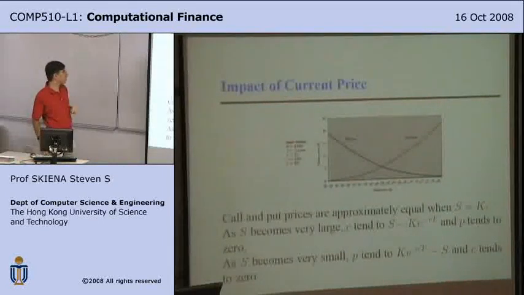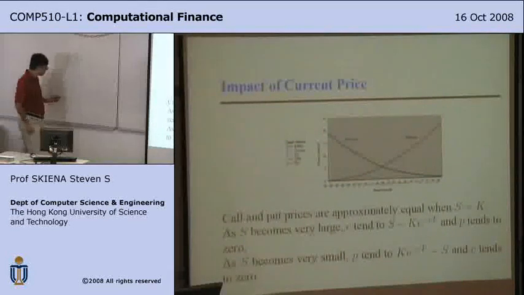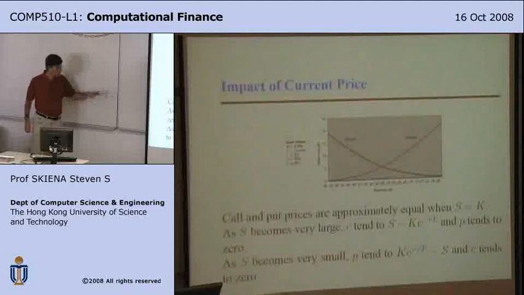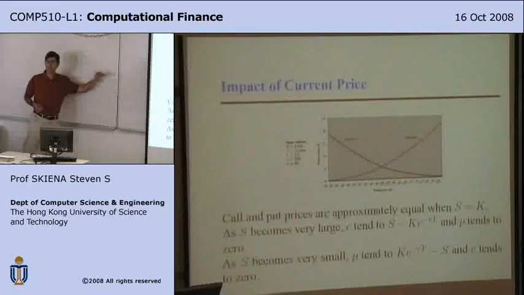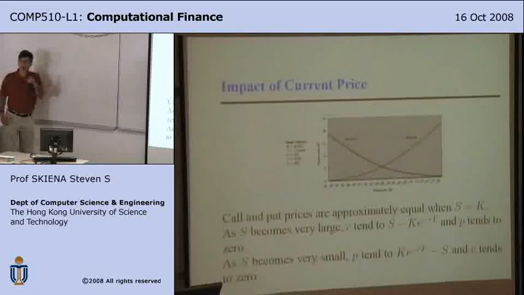The same thing applies to a put. What is the value of the put as the current price gets extremely large? A put means you win if it falls below the strike price. Certainly if the current price is unbelievably high relative to your strike price, your put option is worth zero, right?